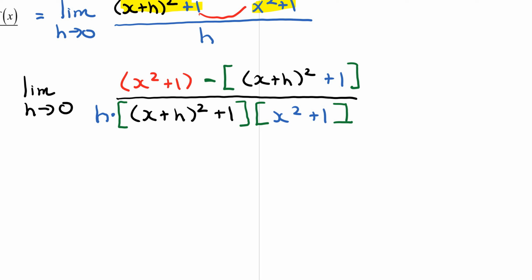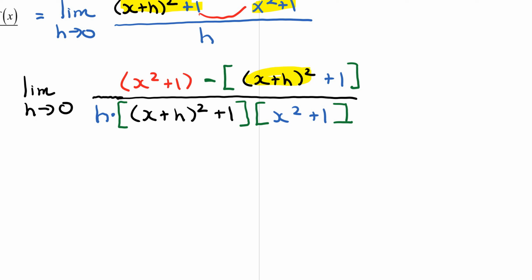Okay, all right, so there are a few things we have to do here. We definitely need to clean this up by simplifying the numerator, and hopefully once we simplify the numerator, something will cancel out. Let's take a look at the x plus h all squared.